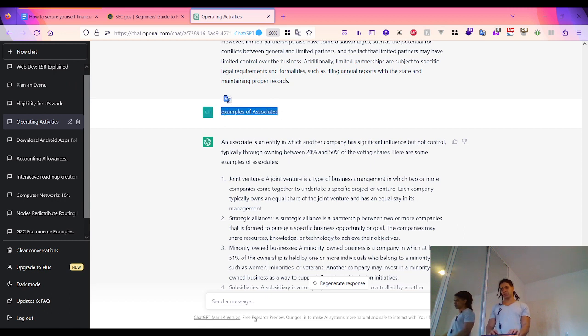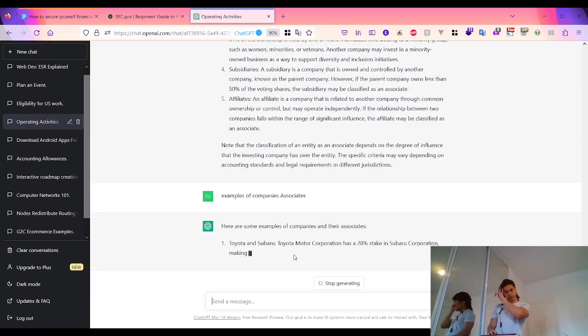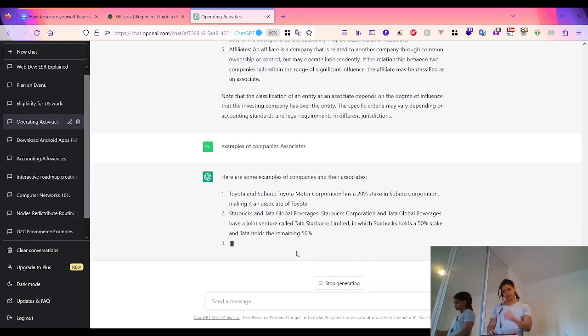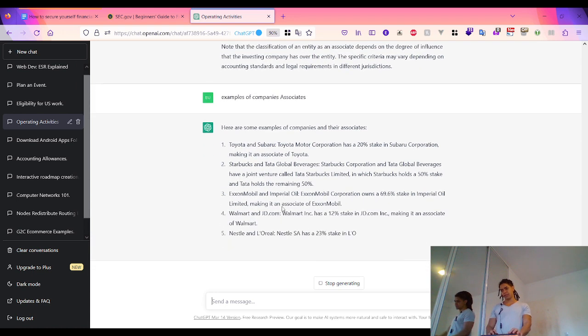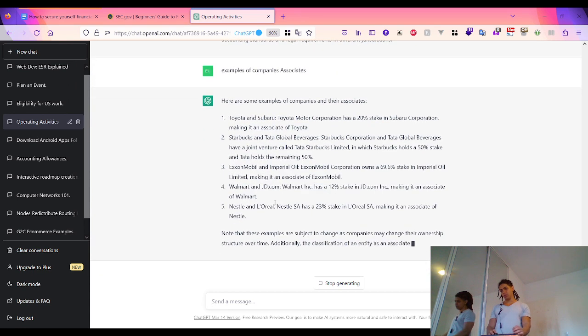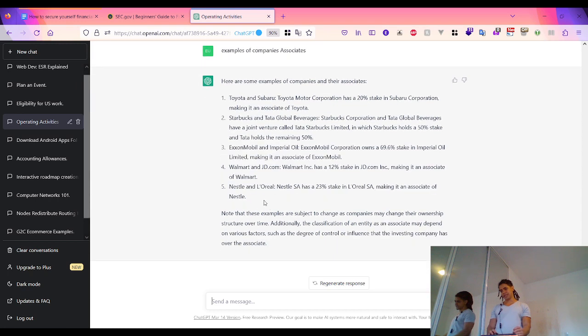So examples of associated companies: Toyota and Subaru, Starbucks and Tata Global Beverage, ExxonMobil and Imperial Oil, Walmart and GD, Nestlé and L'Oreal.